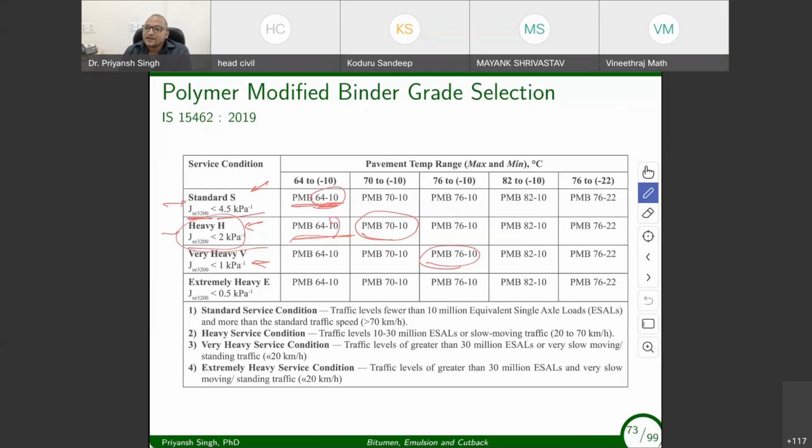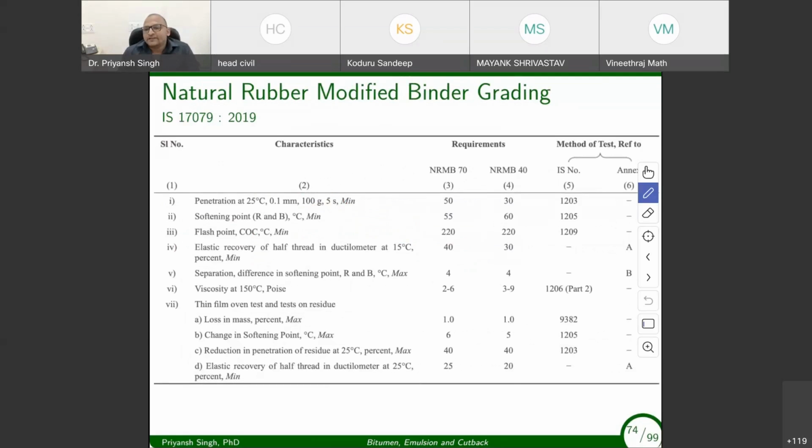So that gives us a very vulnerable quality of binder. Also, the stability and working with crumb rubber modified binder is difficult, which gives a kind of mixture where you need to put more stress on quality control and invest more in quality control issues.